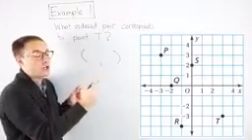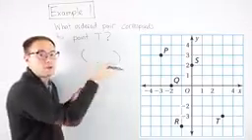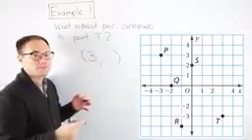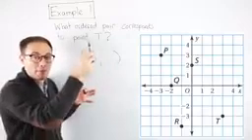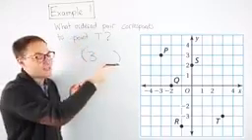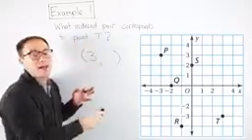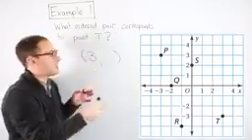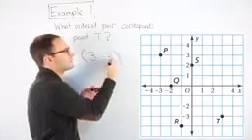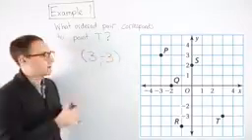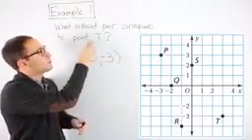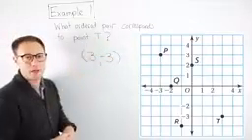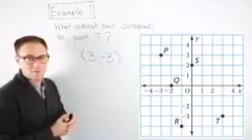Well, if you look, I need to go 3 units to the right. So my x-coordinate is going to be 3. And then from there, do I go up, positive, or do I go down? Well, to get to T, I need to go down. And I need to go down 3. I need to go down to -3. So -3 then is my y-coordinate. So point T is represented by this ordered pair, (3, -3). Here's some more to try on your own.